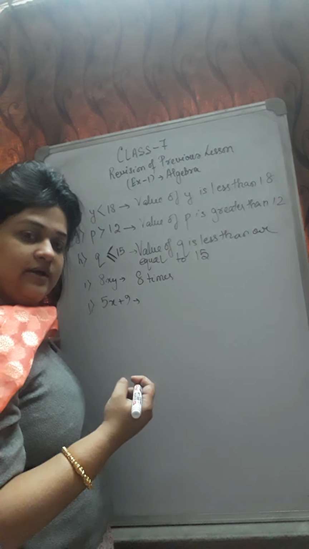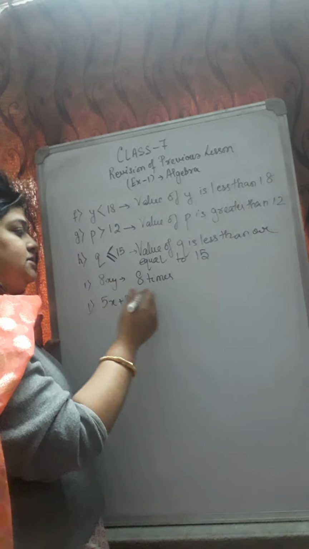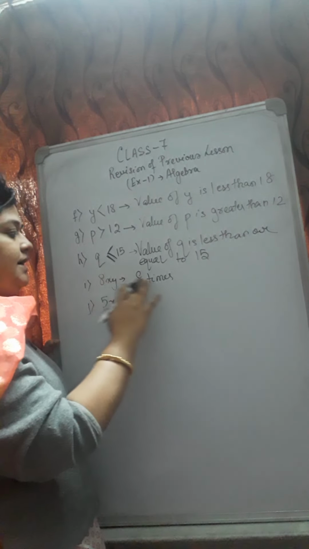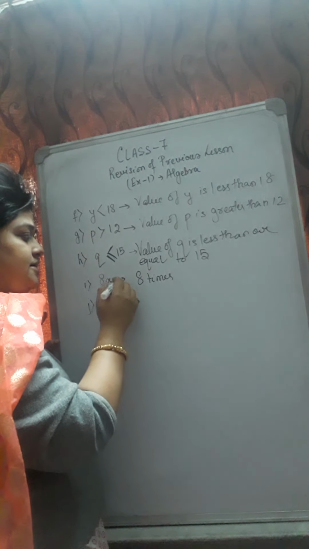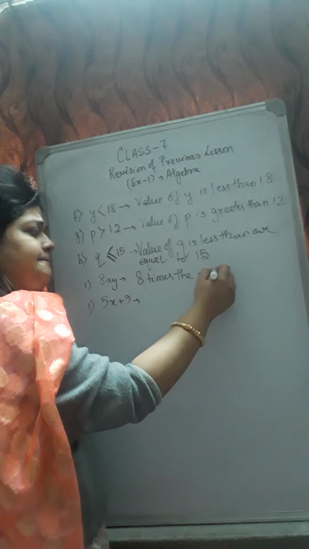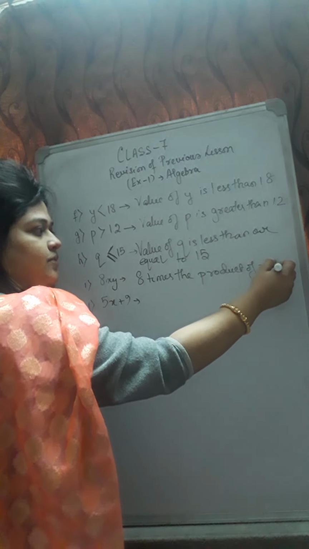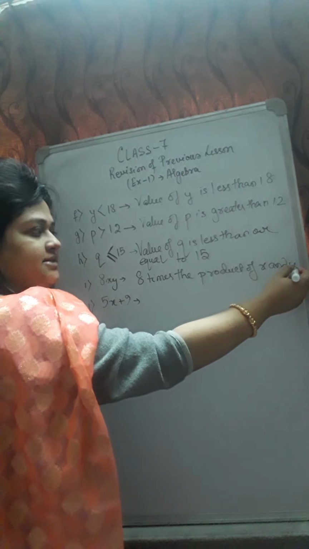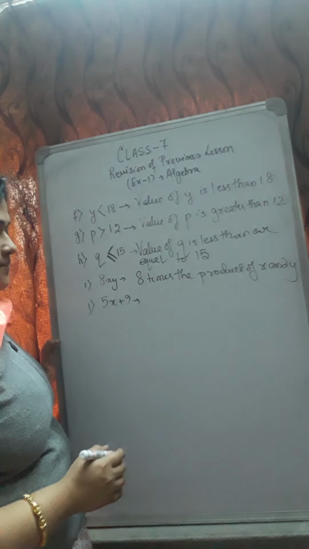It doesn't read nice. So 8xy means whenever you get a number part, you will write 8 times, and the letters you will write the product of x and y. That means the product of x and y is multiplied 8 times.